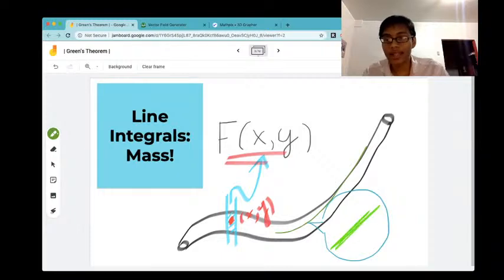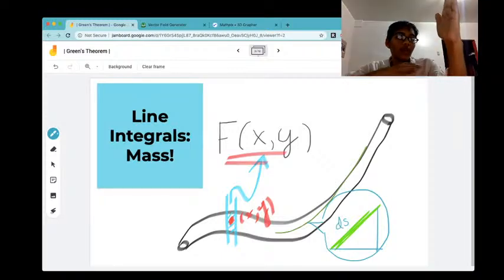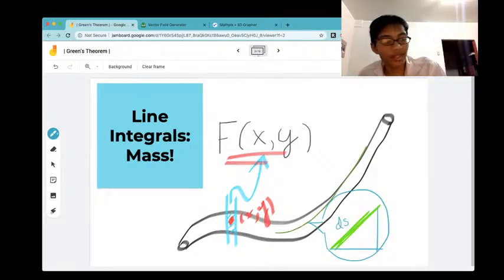And that line is perhaps a small change. Let's call that change ds. And of course that small change, by the Pythagorean theorem, can be broken down into components, dy and dx, right? So let me show that for you.